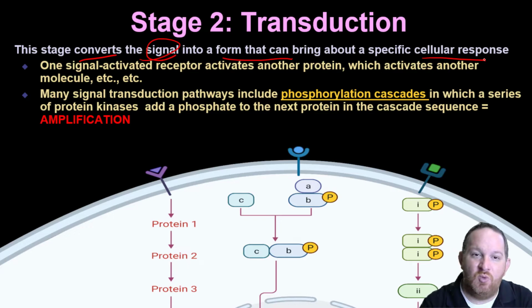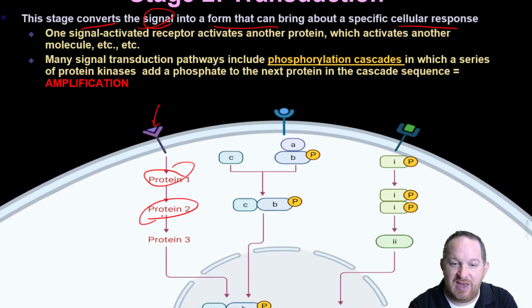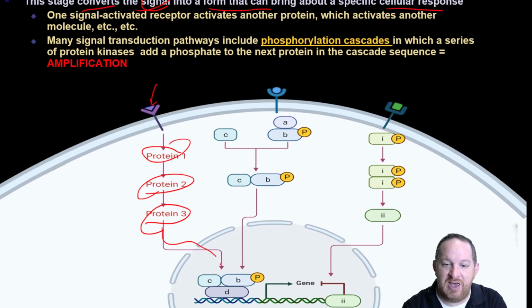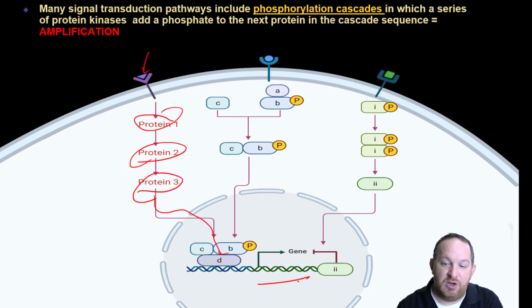And this normally works as you see here, right? So the ligand binds to the receptor, which activates this protein, which activates that protein, which activates that protein, which maybe comes in and leads to, I don't know, transcription or something in the cell, right? Where we take a piece of the DNA, make a copy of it into RNA.